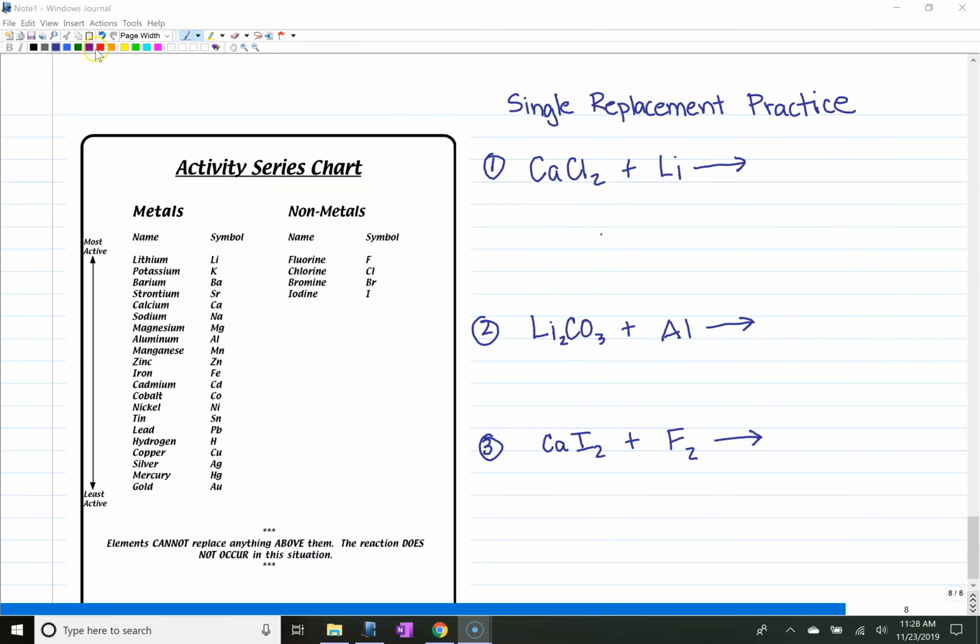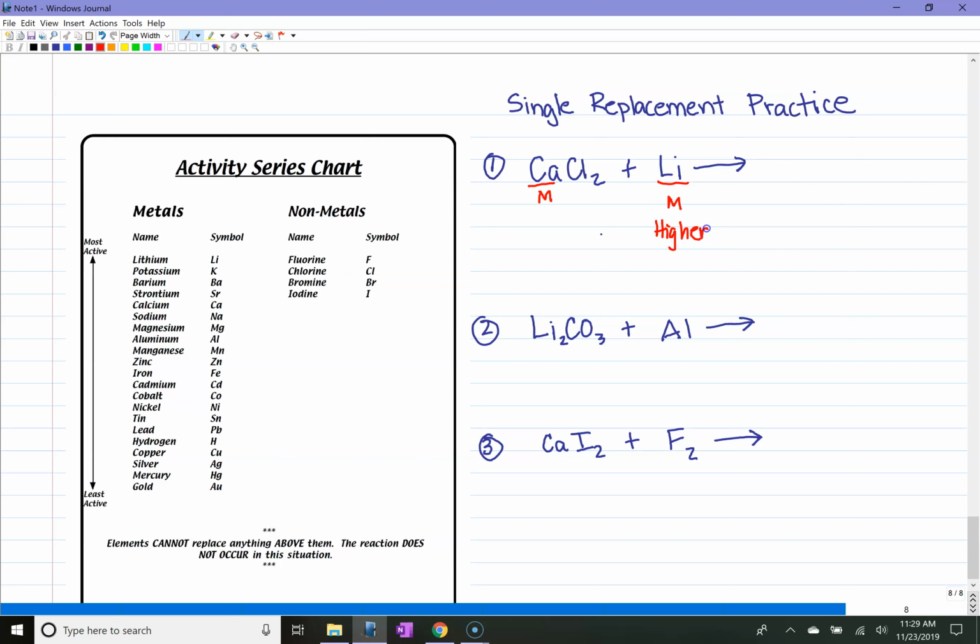Here's some practice problems that are single replacement reactions. Calcium chloride plus lithium. If I look at the single element, lithium is a metal, so I'm going to find the metal in the compound. This is going to be calcium. I'm going to look at the chart, and I'm going to see that lithium is higher than calcium.